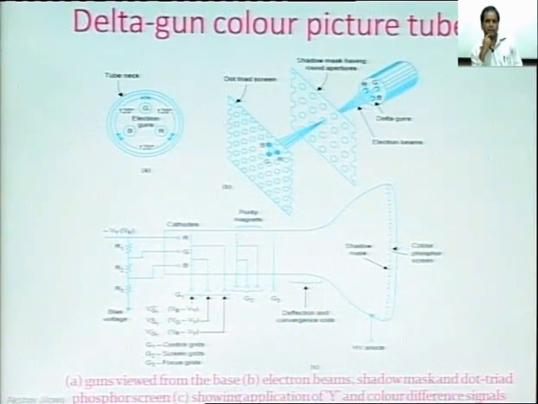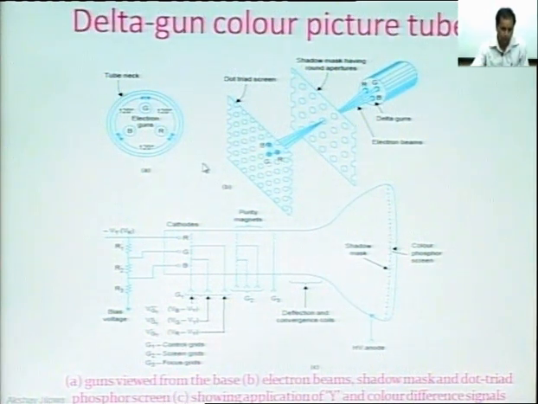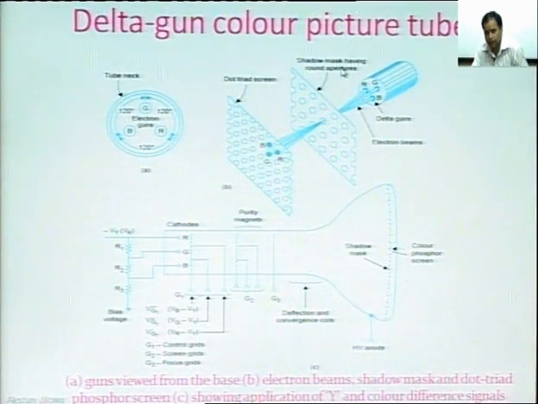First one is the delta gun color picture tube. It is called delta gun color picture tube because these three colors, green, blue and red, are placed in such a manner as if in a delta. This gives a delta shape. So, that is why we call it a delta picture tube or delta gun color picture tube. Here these are the three electron guns, red, green and blue, and the electrons emitted from these three guns pass through this shadow mask and through this dot triad screen, and strike the dot triad screen.